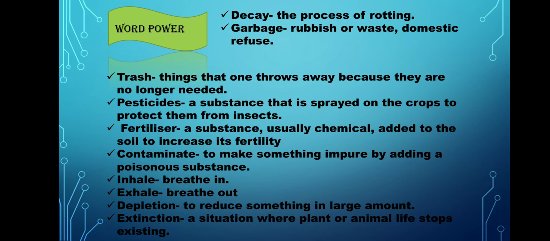Fertilizers are substances, usually chemical, added to the soil to increase its fertility. Contaminate, to make something impure by adding a poisonous substance. Inhale, breathe in. Exhale, breathe out. Depletion, to reduce something in large amount. Extinction, a situation where plant or animal life stops existing.